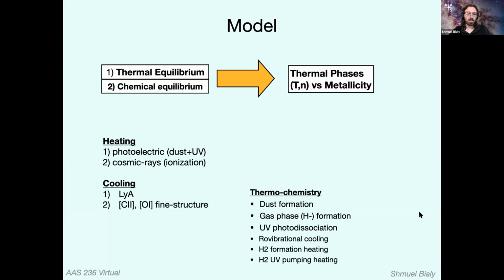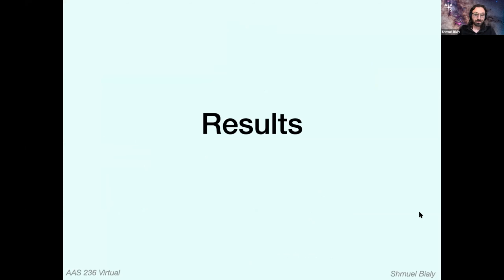Cooling is dominated by Lyman alpha cooling and metal cooling from fine structure lines of C+ and O I. H2 cooling and heating become important at low metallicity, where you lose these cooling mechanisms from C+ and O I. Once we have the cooling, heating and chemistry, we solve for thermal and chemical equilibrium and get the temperature and density as a function of metallicity.